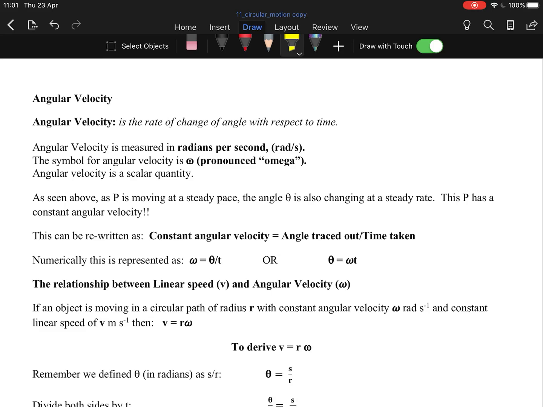So angular velocity. This definition here, I can't remember it being asked, but know it anyway, just in case, all right? So the angular velocity is the rate of change of the angle with respect to time, okay? Think of the name, angular velocity, which is you're changing your speed, okay? But speed of what? Well, here, because it's an angle, we're changing the speed of the angle, the rate at which the angle changes with respect to time.